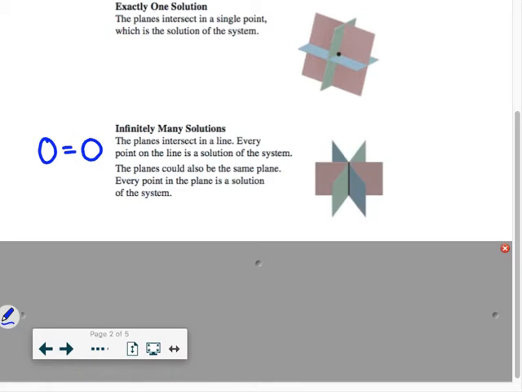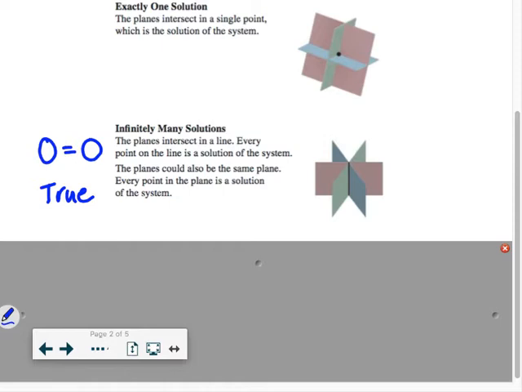Now, technically it doesn't have to be 0 equals 0. It could be any number equal to itself, 5 equals 5, 1 equals 1, as long as the statement is true. So if you come out with no variables, all your variables canceled, so you can't solve for x, you can't solve for y, you can't solve for z, and the statement at the end is true, then you have infinitely many solutions.